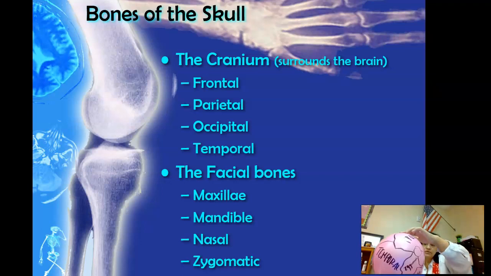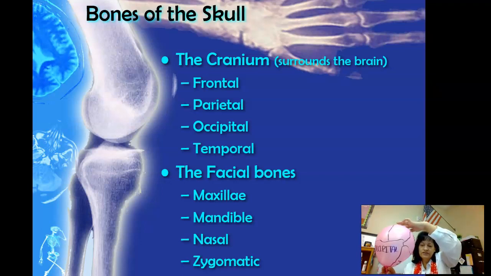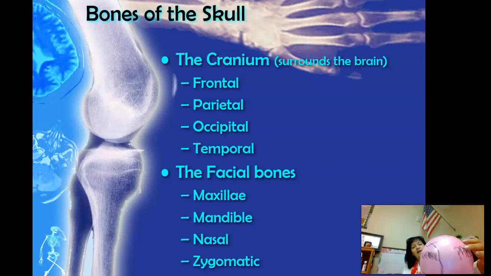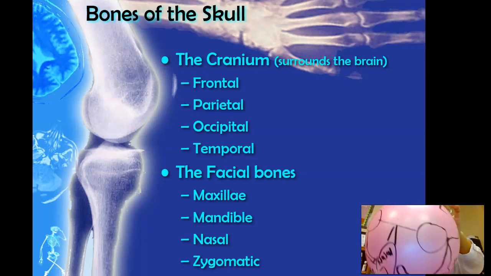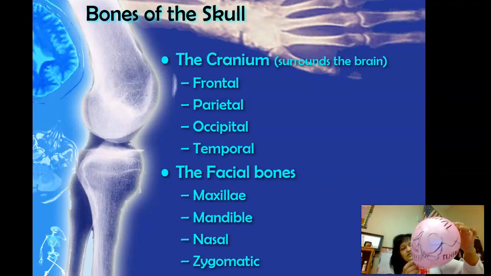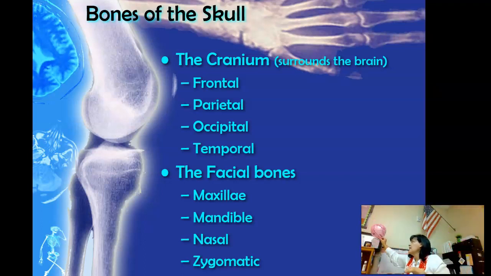You can see temporal, occipital in the back, frontal in the front, maxillae, mandible, zygomatic, nasal. Okay, so if you want to do something like that, do it. I'll give you guys a few extra credit points if you do the balloon activity.